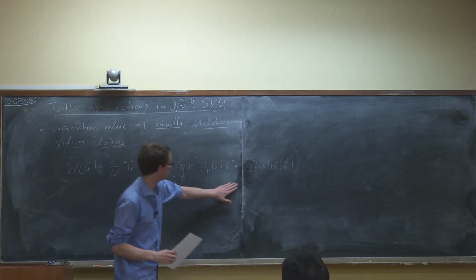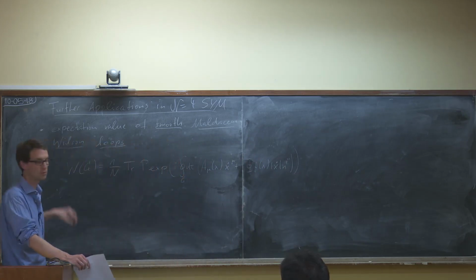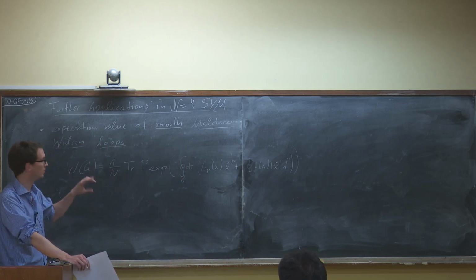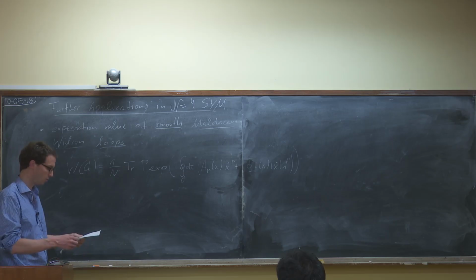These are interesting because the expectation values also correspond to minimal surfaces on the strong coupling side, where the surface ends on the boundary of AdS given by this particular contour.